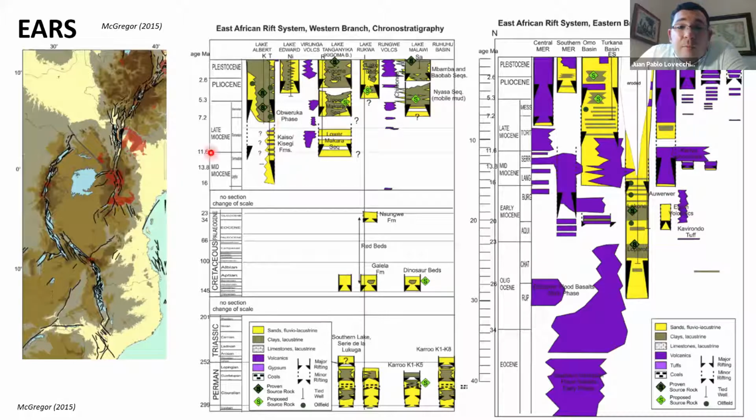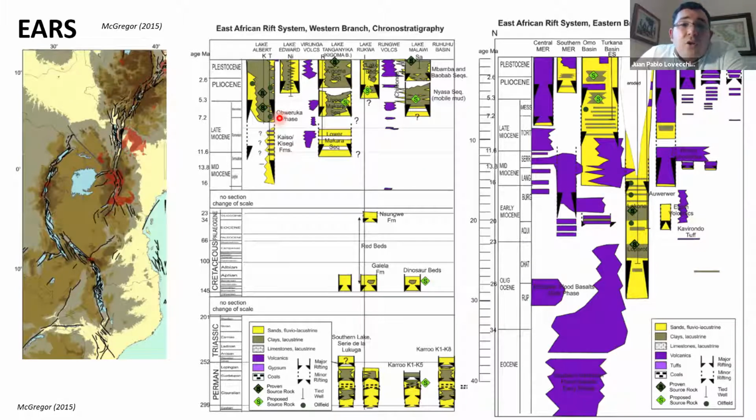And for example, compared to what's happening in the western branch of the East Africa Rift, towards the east, you have development of much more volcanic and volcaniclastic phases and less source rock development. So obviously the western branch is much more favorable for development of petroleum systems than the eastern one.